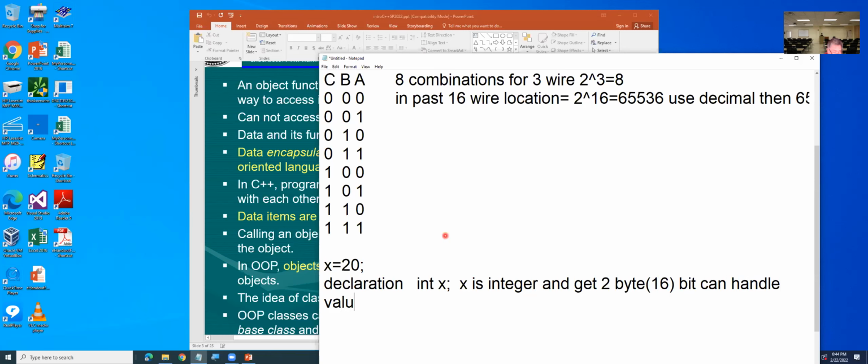from minus 32,000 to 32,000. So when you tell the computer you want a variable to store data, if you say integer, it can store numbers only from minus 32,000 to 32,000.